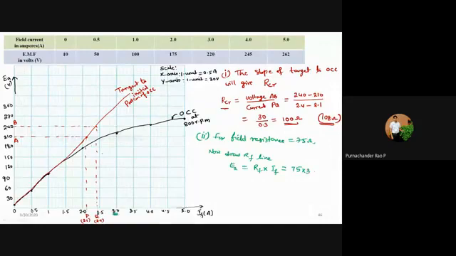So 75 into 3 is 225 volts. So EA is 225 volts.